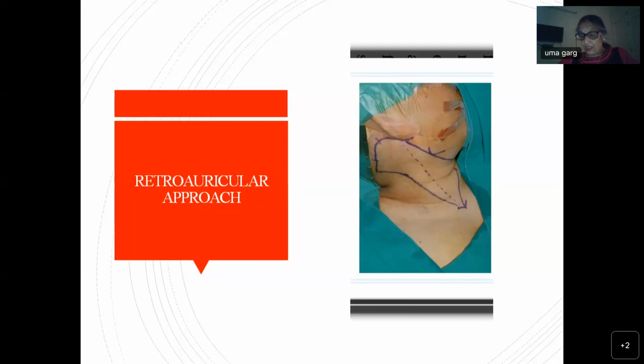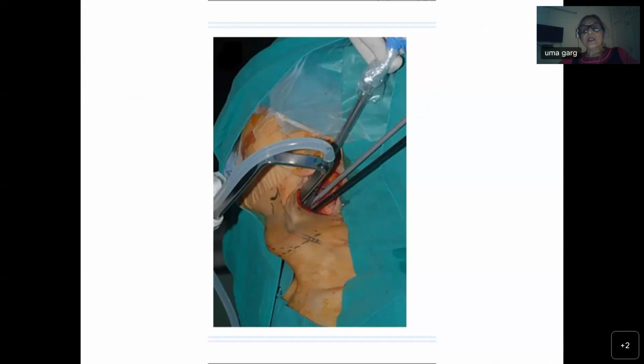The benefit, which is obvious in this case, is that of scar or cosmesis. So this is the incision, and this is how we create our tunnel. We can introduce our endoscope, and we can introduce the instruments, and on the monitor we can see and operate. We can directly operate through the endoscope.